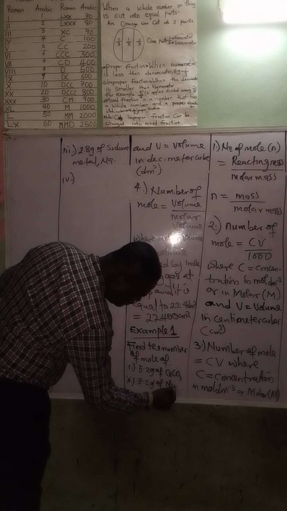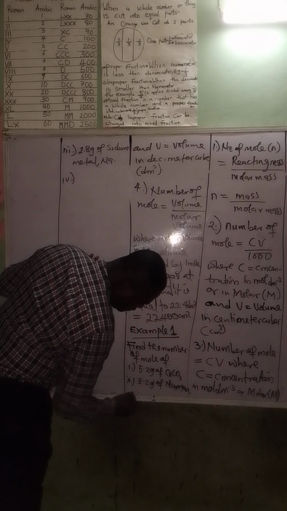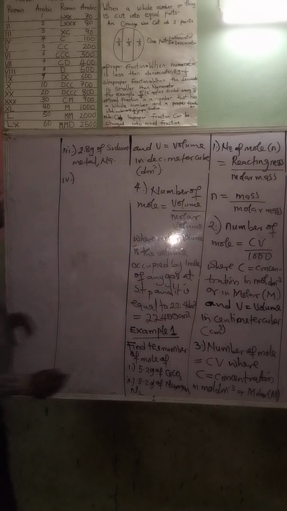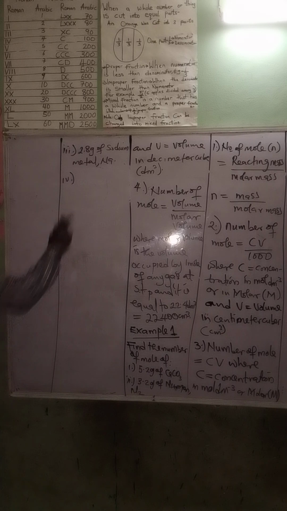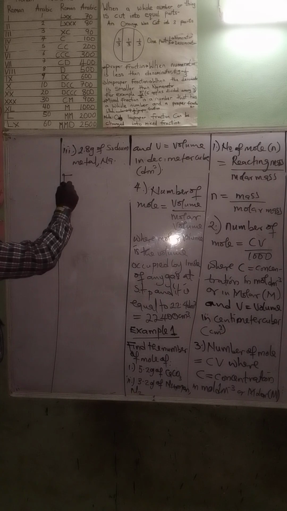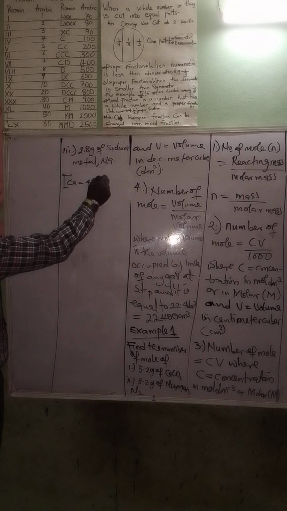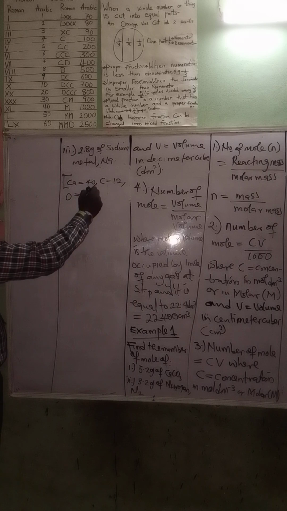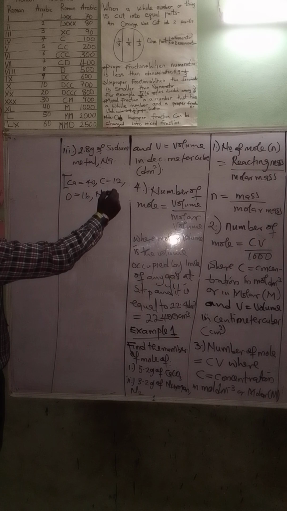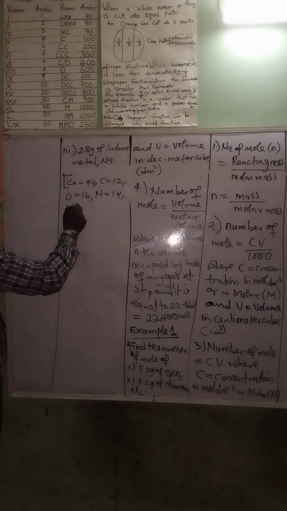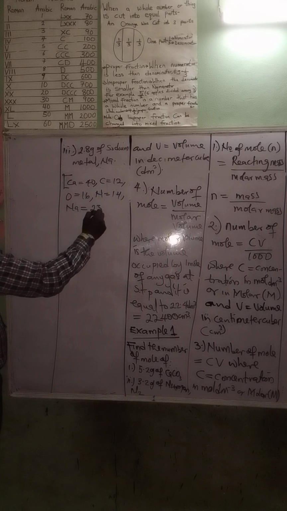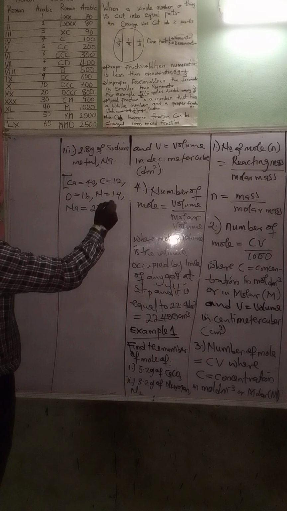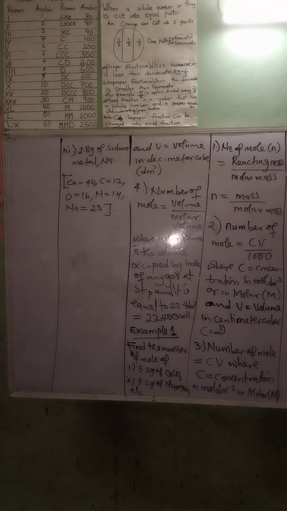Then we will be given something like this: calcium is 40, carbon is 12, oxygen is 16, nitrogen is 14, sodium is 23. We are given something like this.